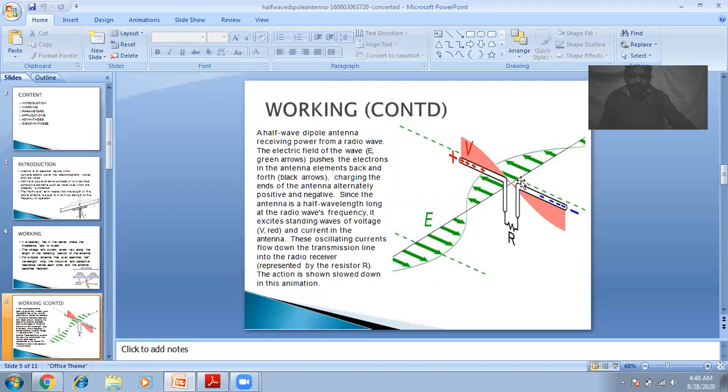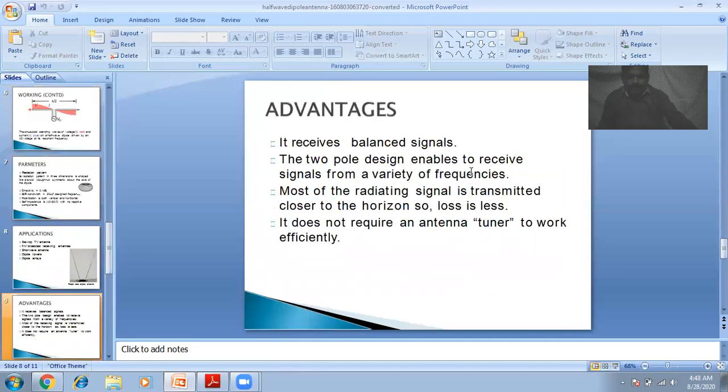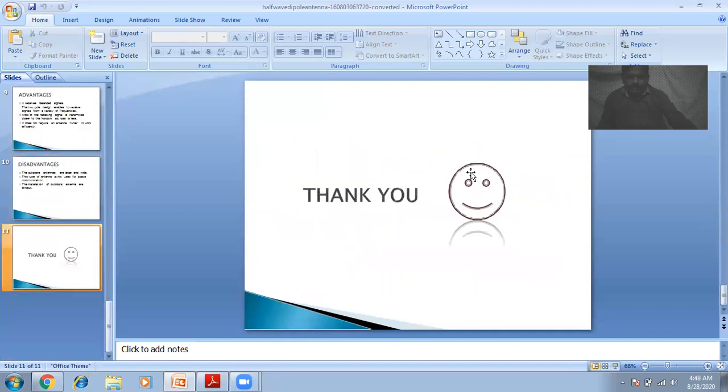That means the bottom portion is inside the ground, only the upper portion is above the ground. So above the ground, we are looking only at the length equal to lambda by 4. Therefore, this is called a quarter wave monopole antenna. I will show that antenna also in the coming slides.